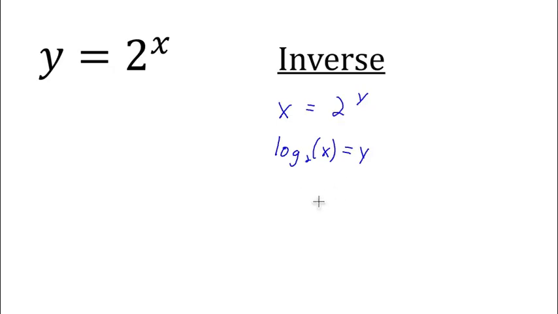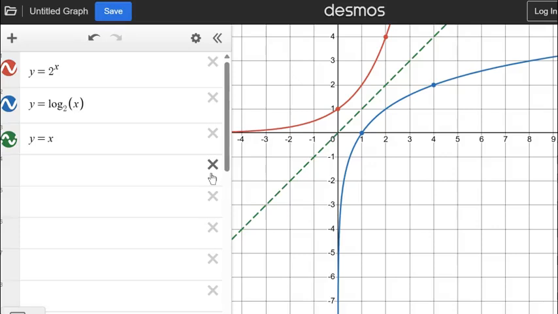And this is our inverse function. So the inverse of y equals 2 to the x power is y equals log base 2 of x. Here we see a graph of those two equations.